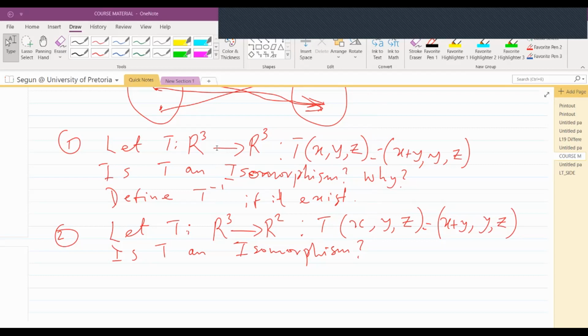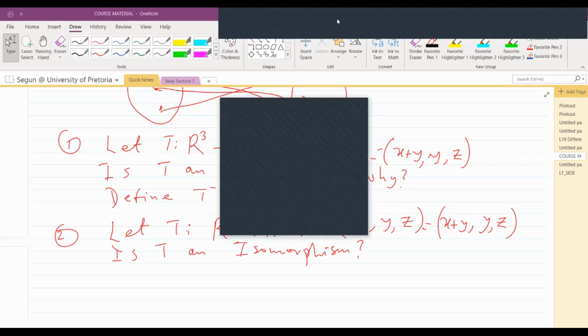It means in R3. Now, who can tell us the question 2? From 3 to 2. The question 2 is what? From 3 to 2. We can't hear you, please. 3 spaces mapped into 2.